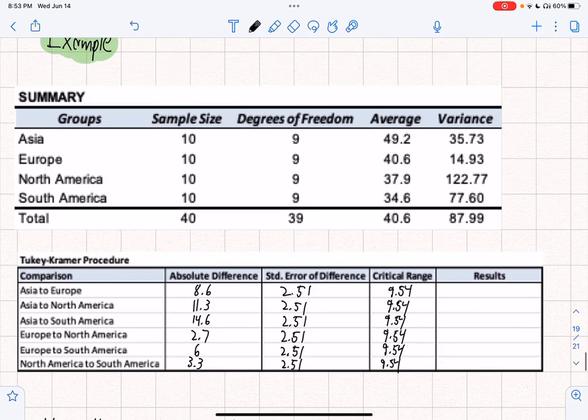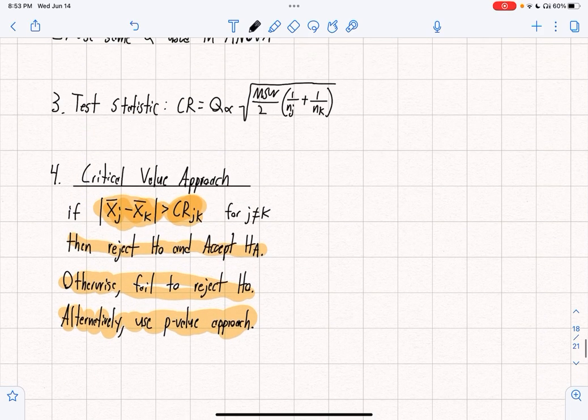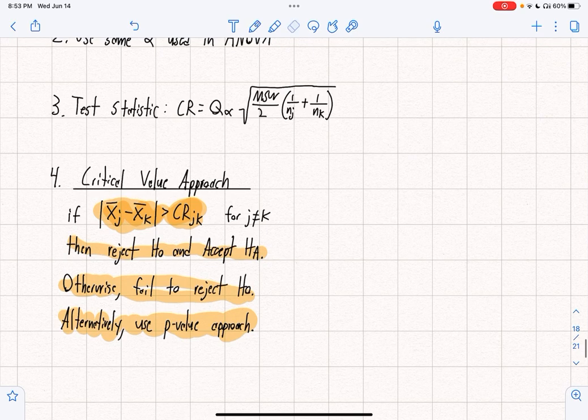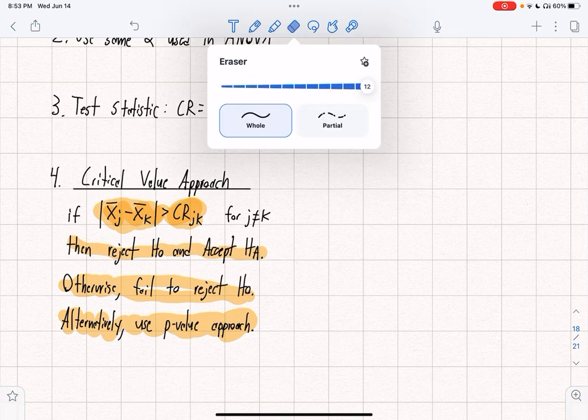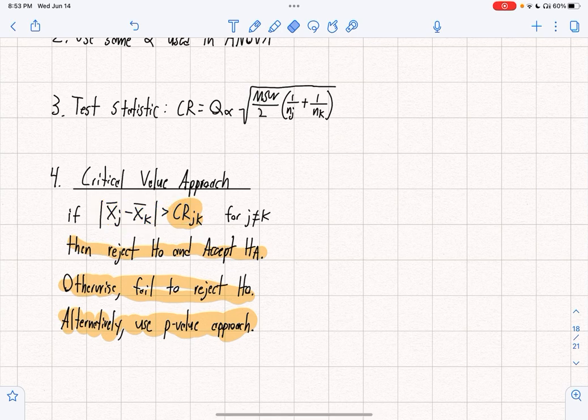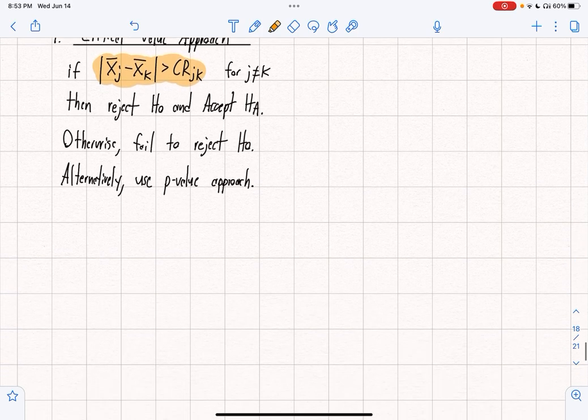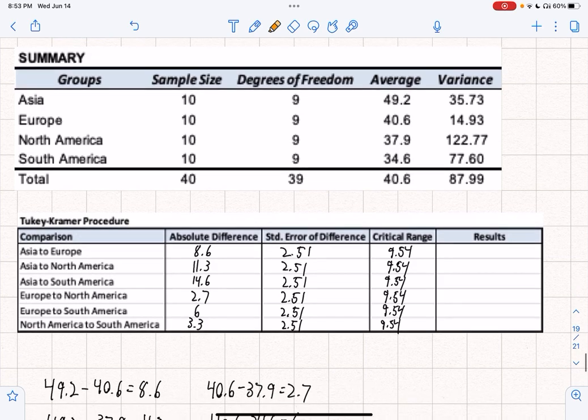Okay, so now let's go back to our approach. Let's focus on this right here. We are going to reject if our absolute difference is bigger than the critical range. That is our rule.